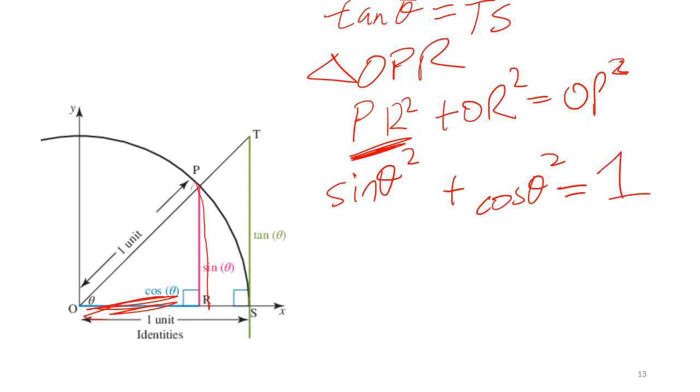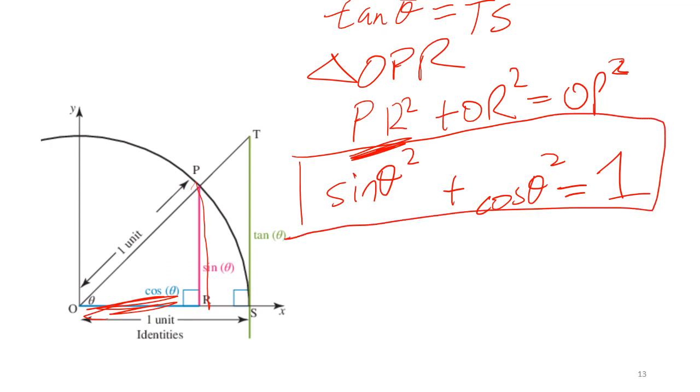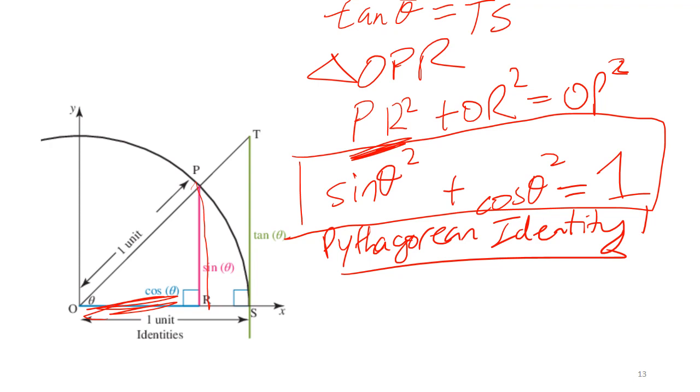So we have developed what is called the Pythagorean identity. You need to know this. Sine theta square plus cos theta square equals 1.